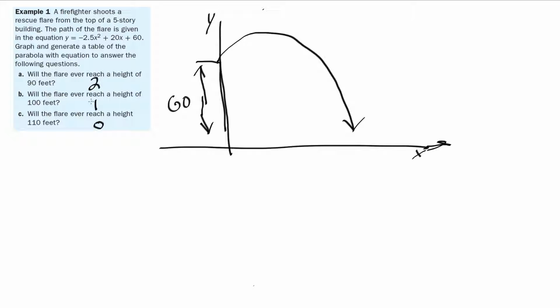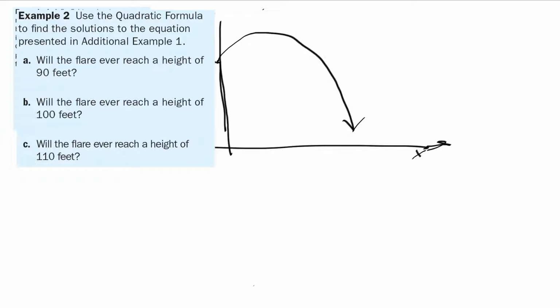Well, now that we've done that, let's take a look at this next question, which is to use the quadratic formula to find the solutions to the equation presented in the previous example. Will the flare ever reach a height? So we know the answer to all of these, but what we're being asked to do is to use the quadratic formula to figure these out.